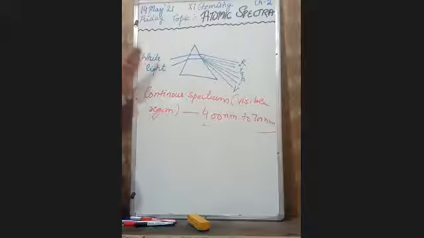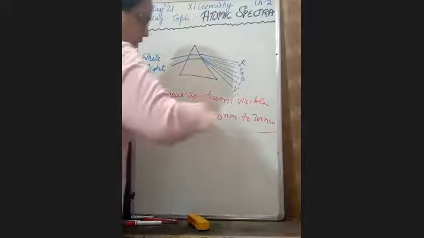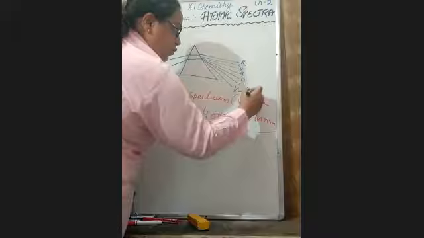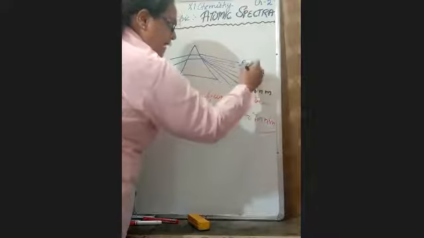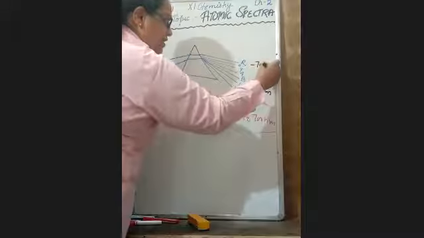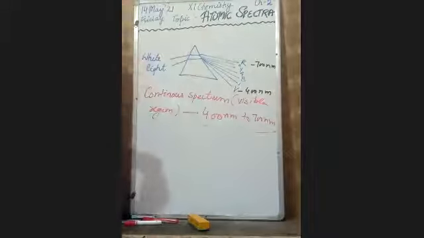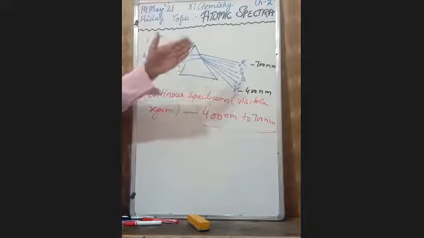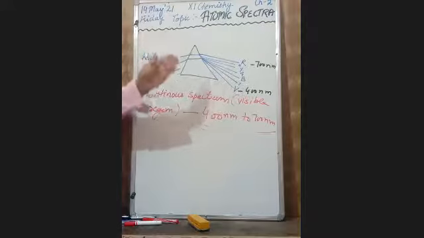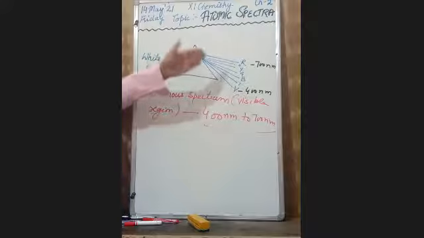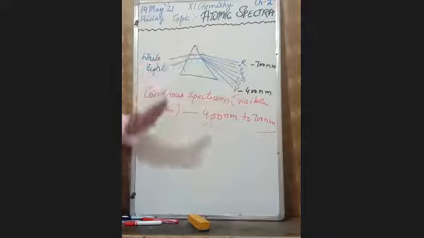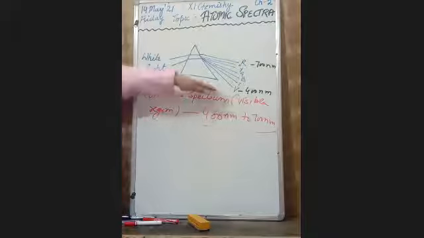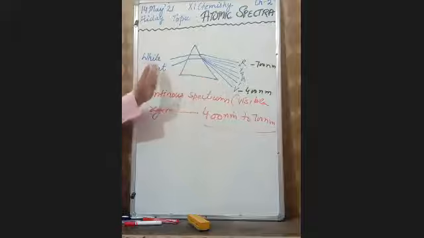Because when we pass white light through a prism, it splits into 7 colors. The wavelength of violet is 400 nanometer and red is 700 nanometer. So it is a continuous spectrum of 7 colors: violet, indigo, blue, green, yellow, orange, red. So this is the continuous spectrum of white light.